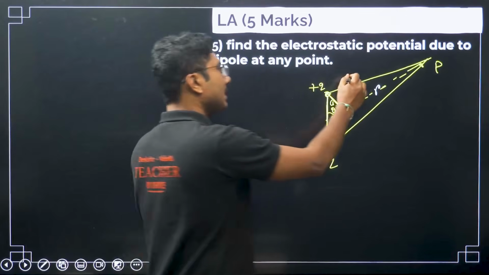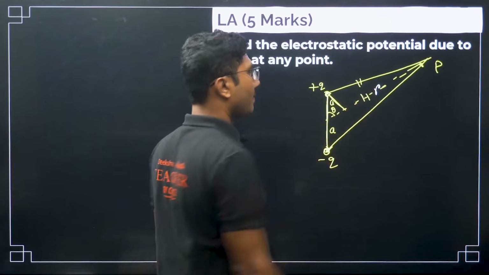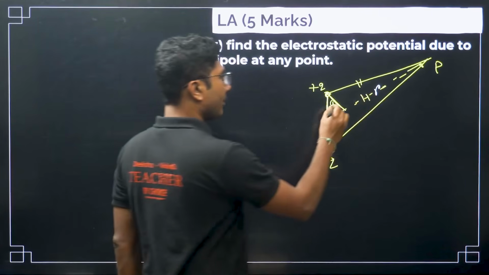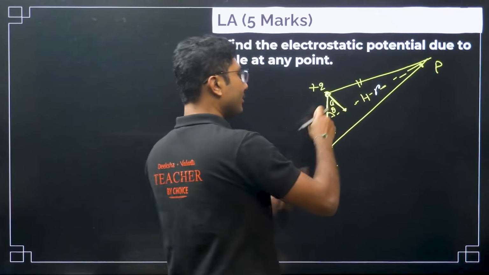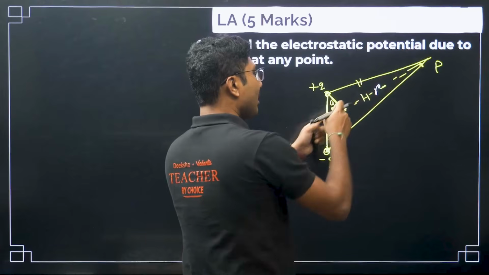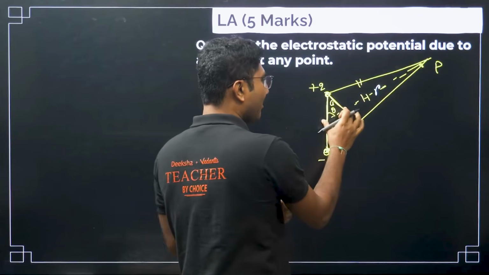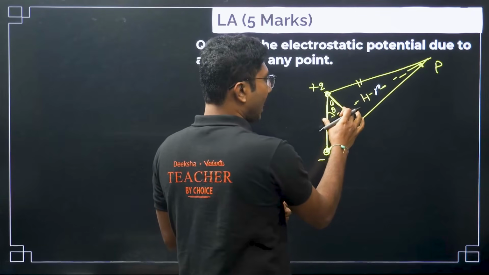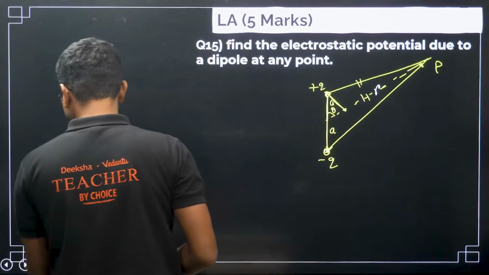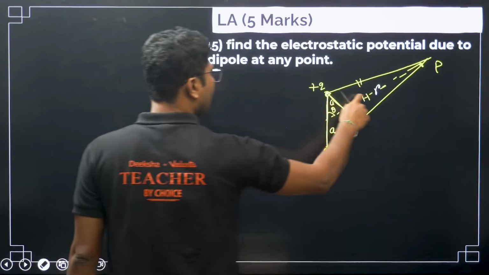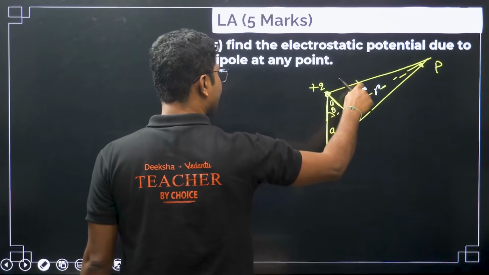So these two sides are equal up to this point. Now if the total distance is r, what is this distance? r minus this much. That will be the main point.